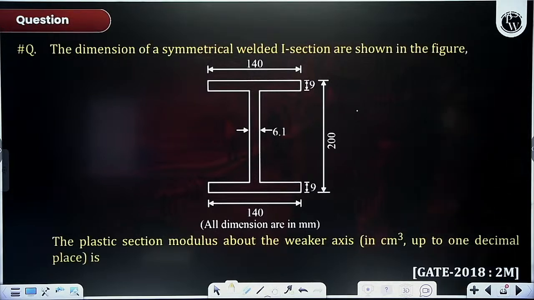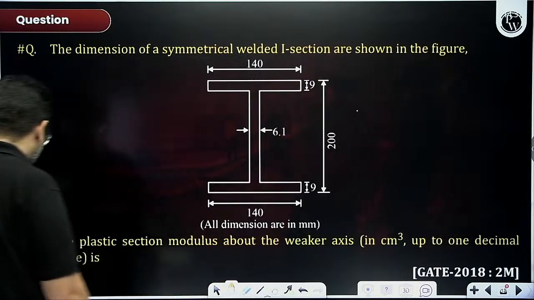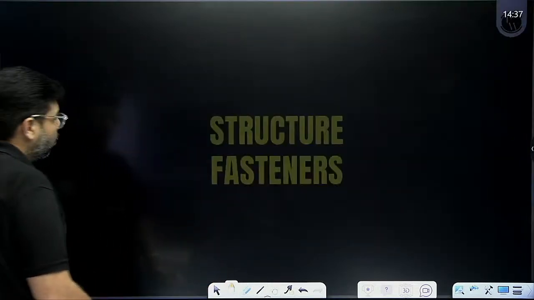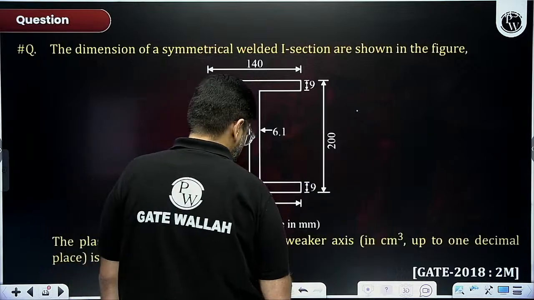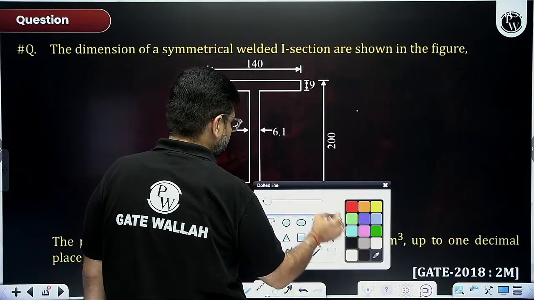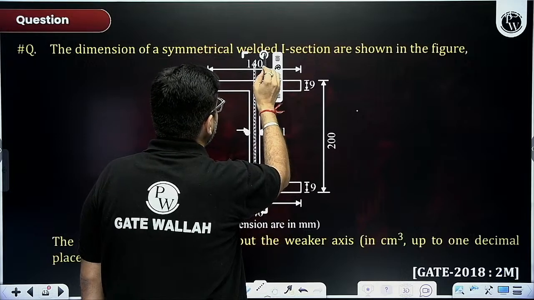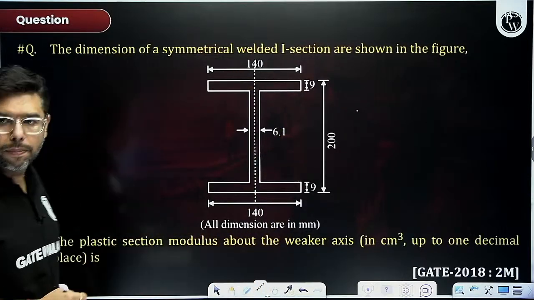Let us see. We have to find out the plastic section modulus here in centimeter cube. Very simple. About the weaker axis is this one, my dear friend. About this axis I have to find out the plastic section modulus.